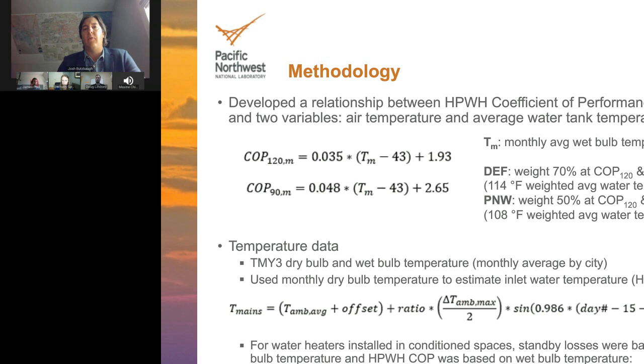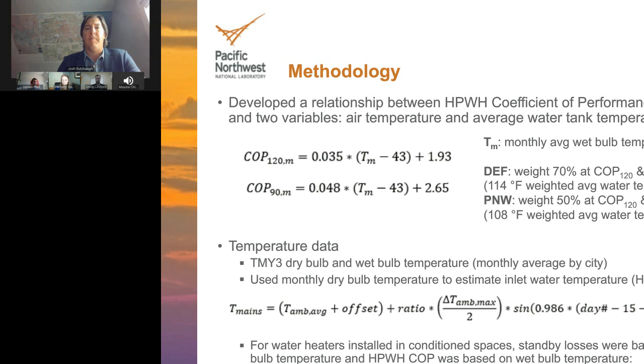Then I used an NREL equation from 2007 to take the monthly dry bulb temperatures and estimate inlet water temperature. That's the first equation you see in the slide, and I'm not going to go through every detail of that equation, but I can discuss it afterwards if you're interested.